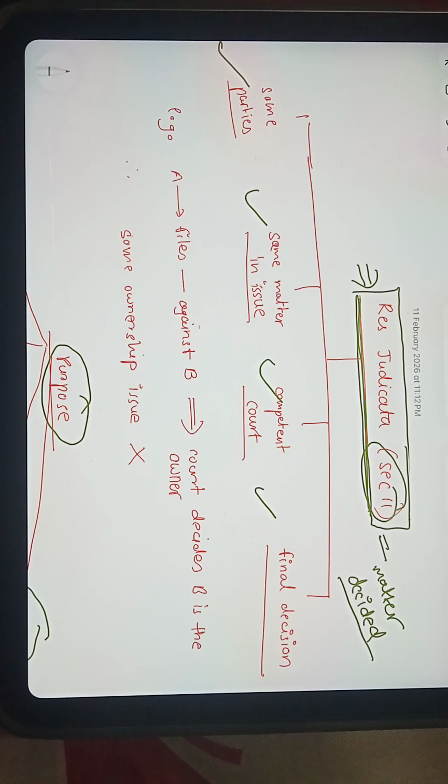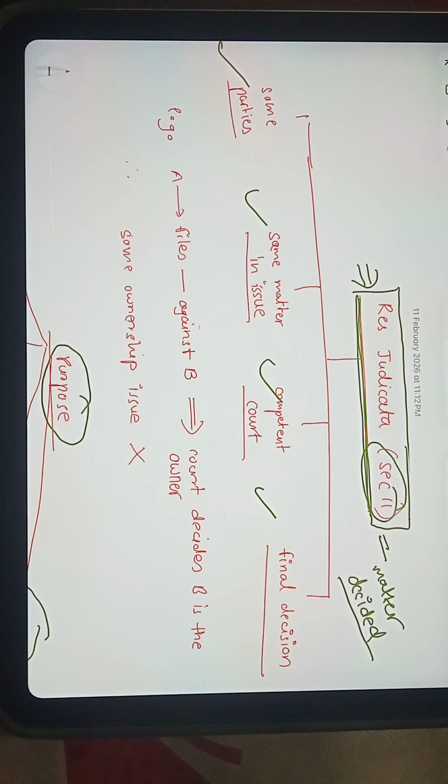If you want to understand res judicata in a simpler way, then this example will definitely help you. Let's assume that A files a suit against B regarding the ownership of the land. Now the court decides that B is the owner of the particular land.